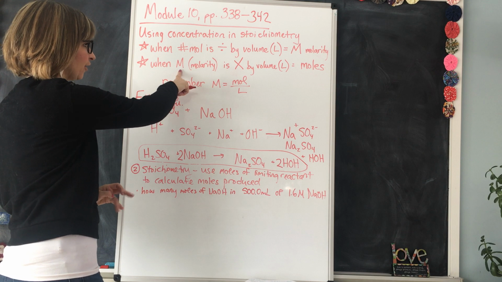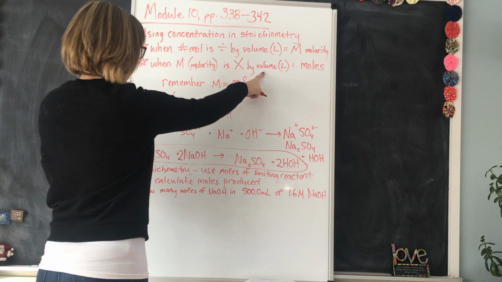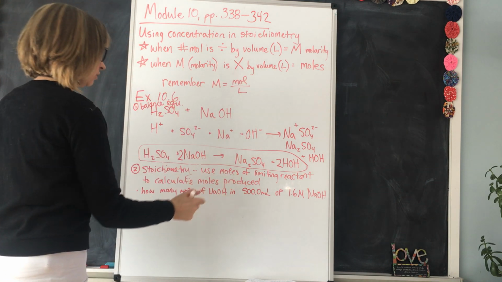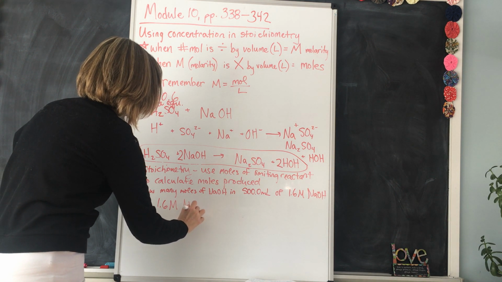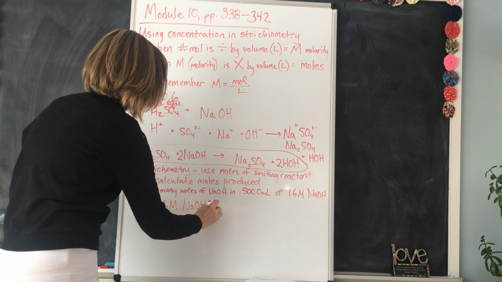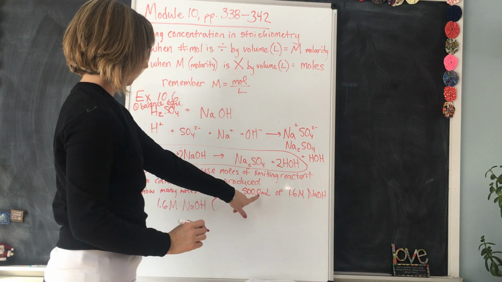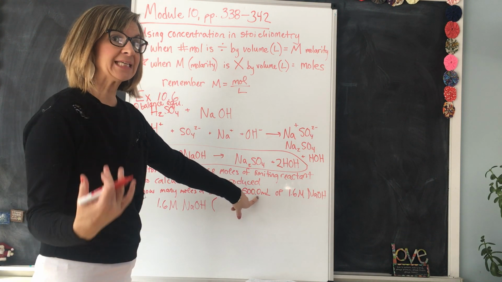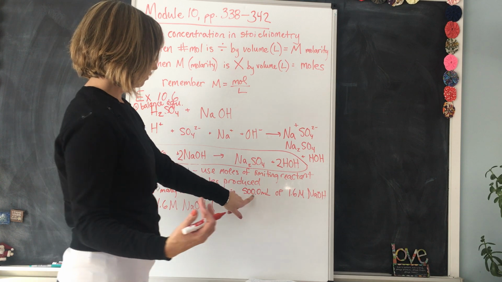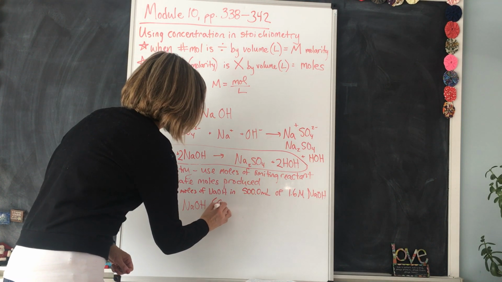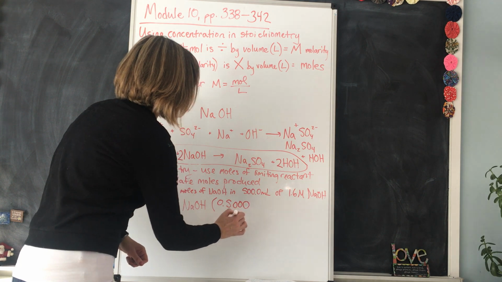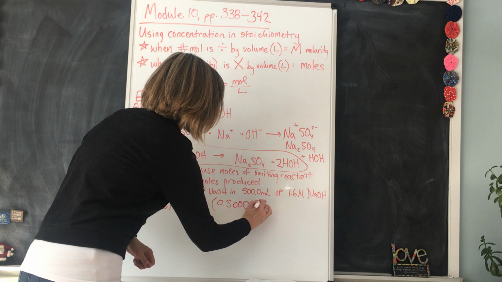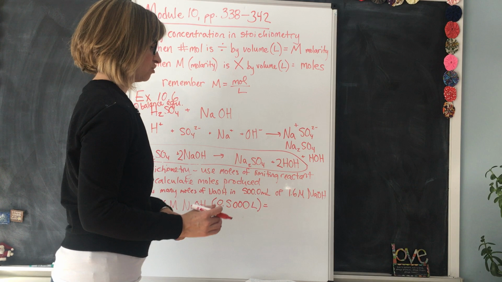It says when molarity is multiplied by volume. So we're going to take the molarity, which is 1.6 molar NaOH, and multiply it by the volume in liters. I know that 500 milliliters is equal to 0.5000 liters of sodium hydroxide.